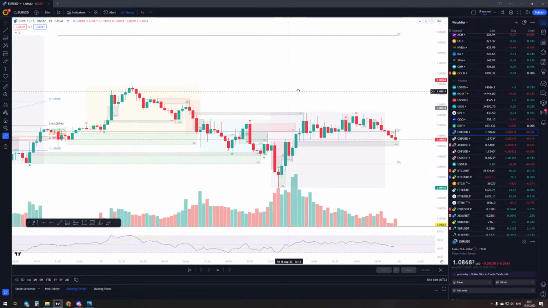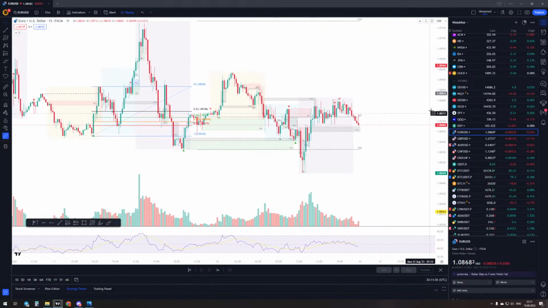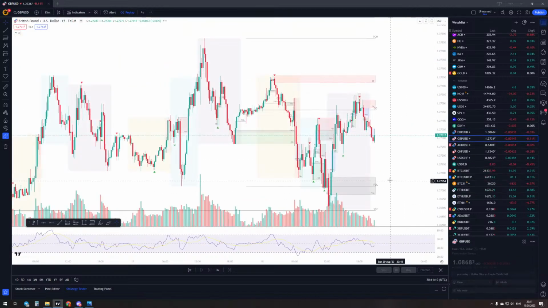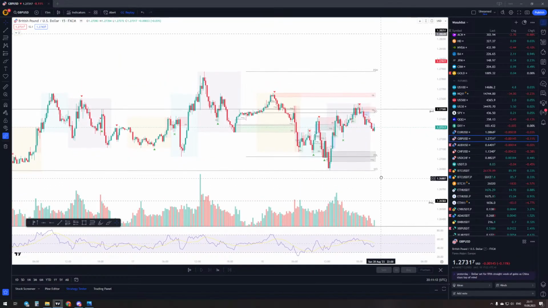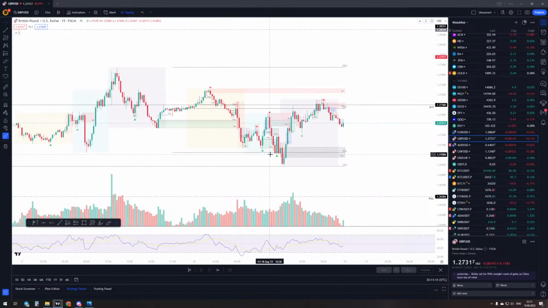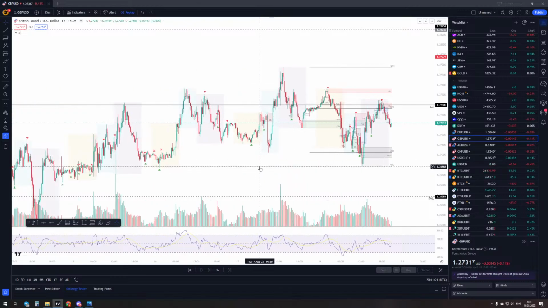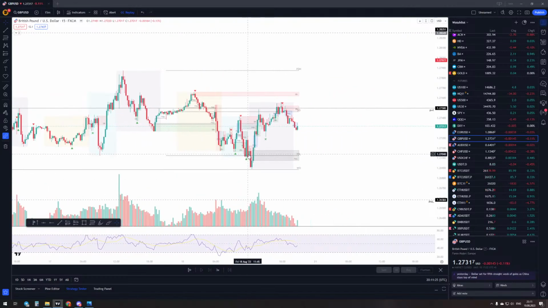For example, on Friday, I didn't see a single trade on the forex market, like on the euro. Maybe when we had this liquidity grab from this internal liquidity, we could have entered somewhere here.